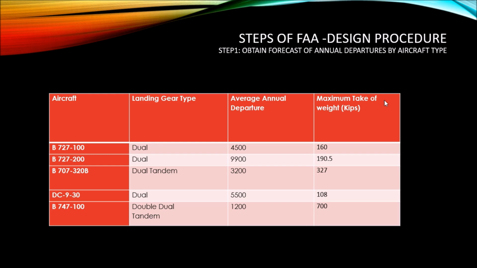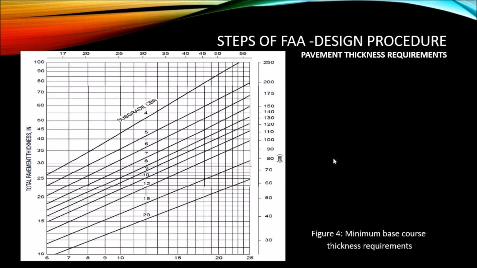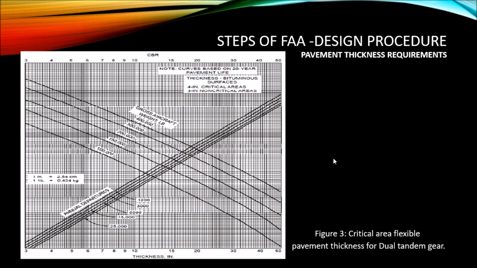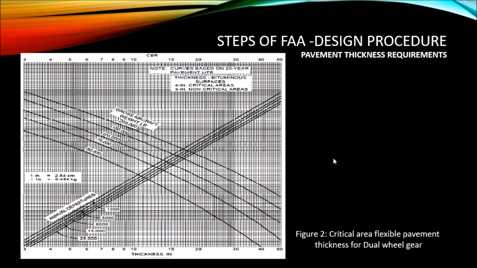For the second one, we have an annual departure of 9,900 and a takeoff weight of 190,500 pounds, or 190.5 in kips. We'll go back to the graph. This one is for dual tandem, and we're looking for dual wheel.